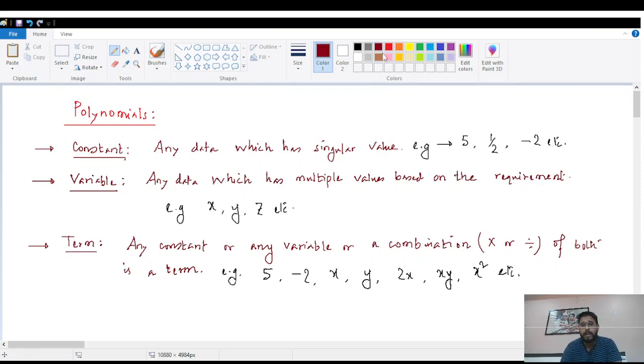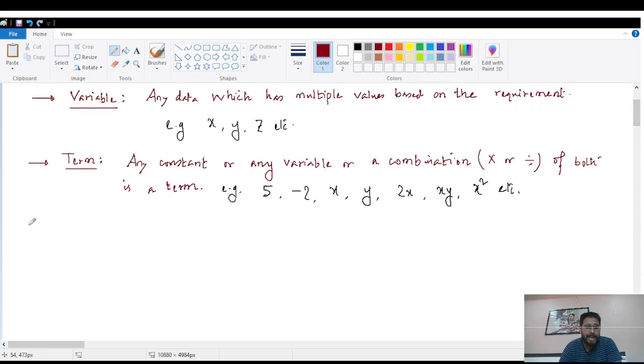Now the fourth one is a combination of all of this, which we call an algebraic expression. Now what is an algebraic expression? It is a group of terms put together.